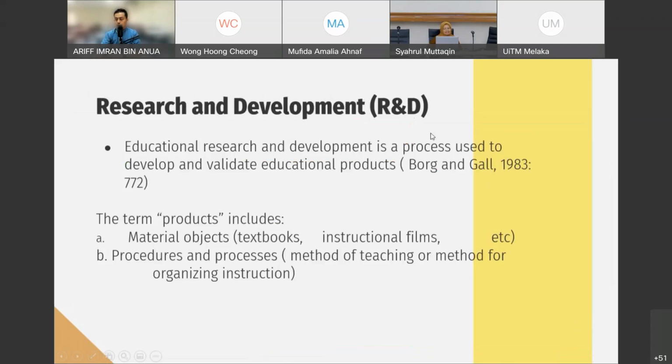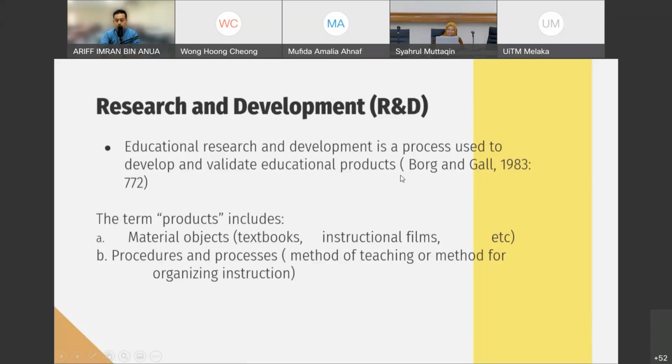And the next is research and development. Based on Borg and Gall, educational research and development is a process used to develop and validate educational products.